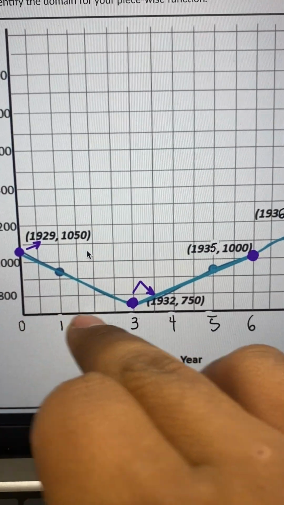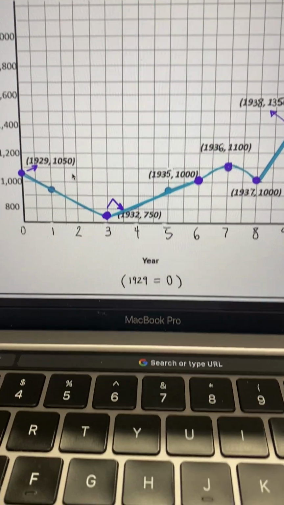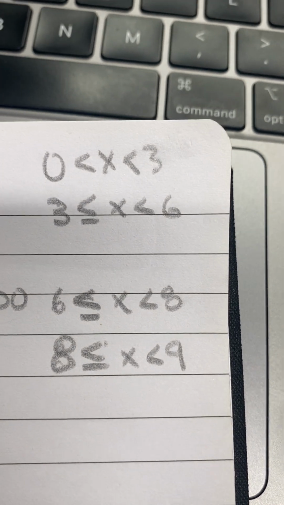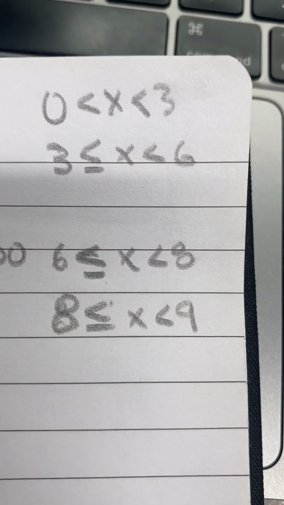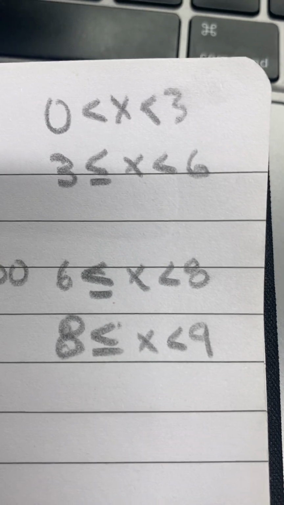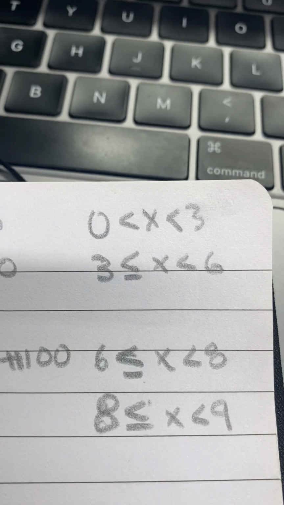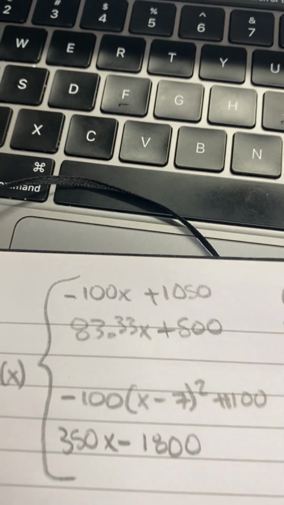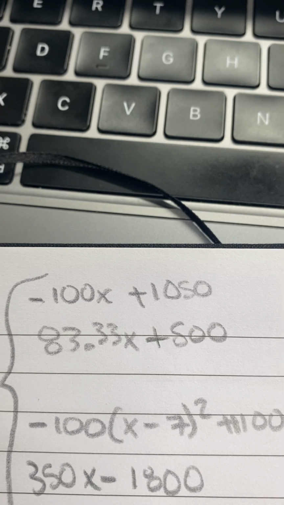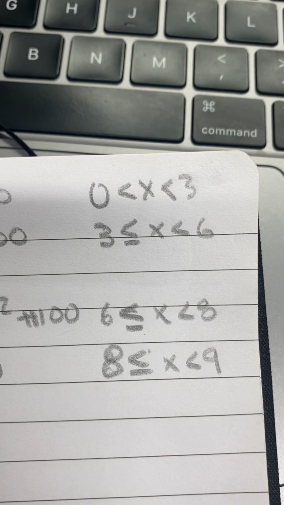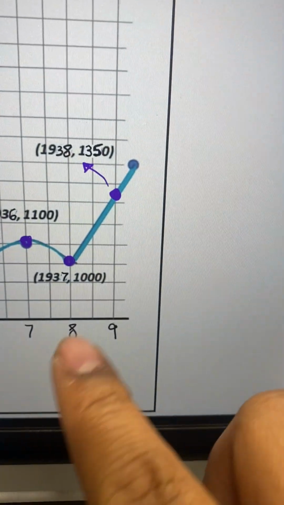So we're going to use that as 0 up to 9, and those are the basic expressions that we are going to use to plug in the domains, since that's the data that we used on all the information that we inputted in our variables. So from 0 to 3, that's the first expression that we went on to solve, up to the last year, which is 8 to 9.